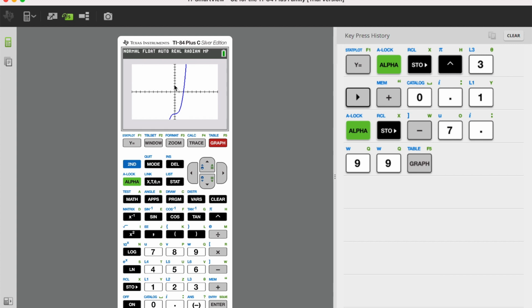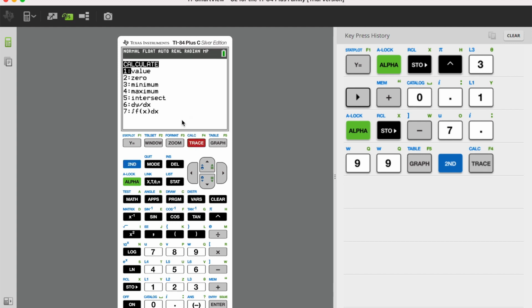It doesn't matter that this is a little bit of a bad window, but the whole goal here is really to find out where this function hits the x-axis. Where is this function 0? So to do that, you can hit the second button, and then where it says calc above the trace button. You can hit intersect, or actually let's go ahead and do 0 because we're not doing intersect.